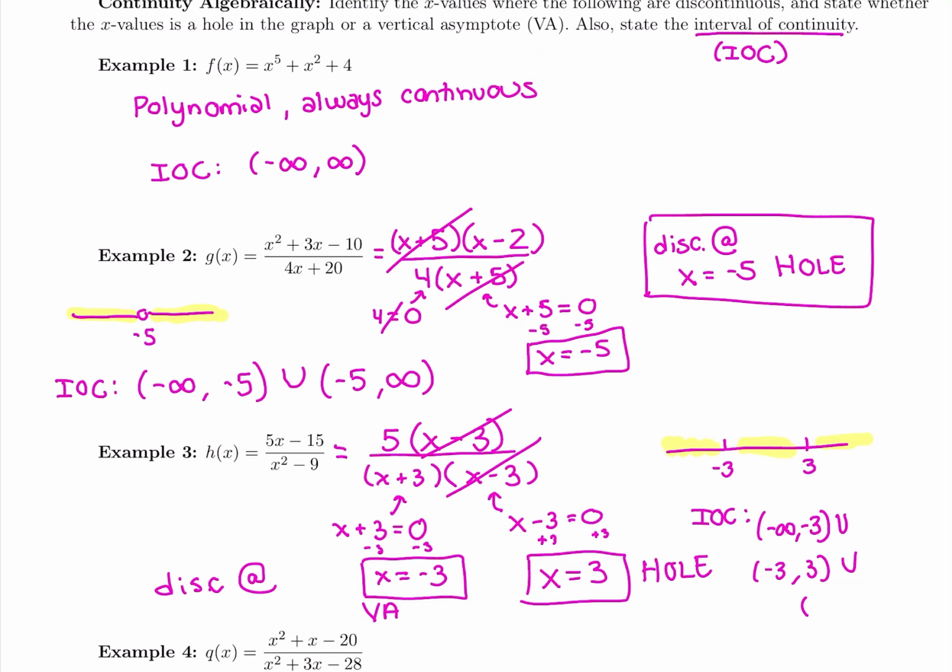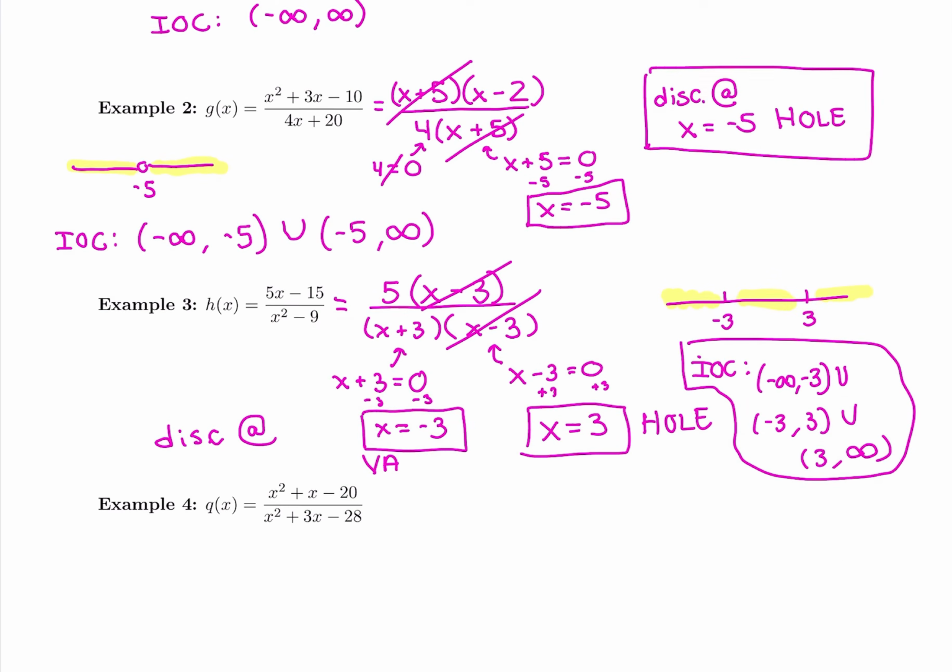So 3 to infinity. Not really nicely written on one line like it could be, but that's what I have for space. Before -3, between -3 and 3, and after 3, it's all continuous.